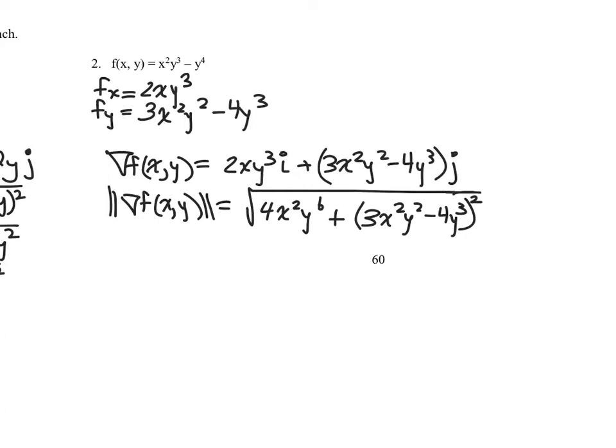If there's a purpose behind it, sure, go ahead, but it doesn't seem like there is, so we're just going to leave it at that. Besides, the best I could come up with when distributing this out would be an x squared y to the 5th and a y to the 6th. They're not combining with the other terms anyway, so just leave it.